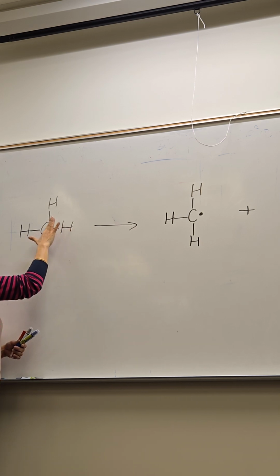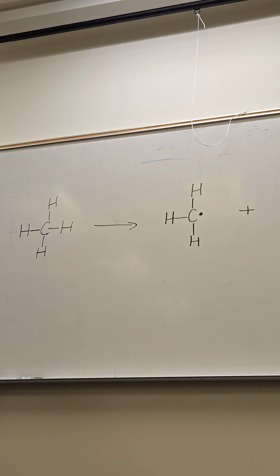Louder? Arrows? What kind of arrows though? Curved arrows? Okay, what kind of curved arrows? Single-headed curved arrows. What do we call those processes that involve a single electron transfer? Homolytic. This is homolytic bond breaking. Exactly.